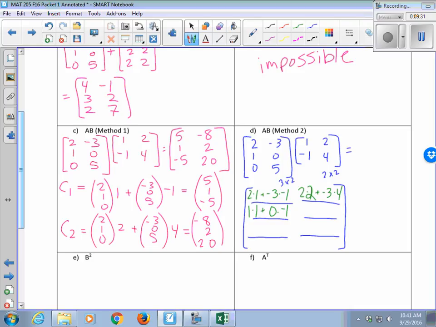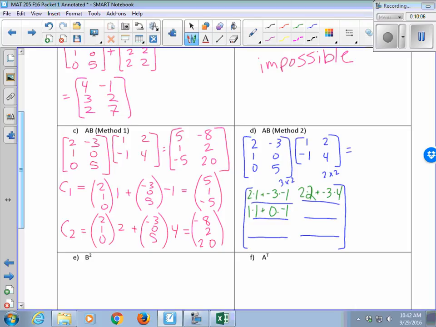Yeah, so you're always going to be multiplying rows of matrix A times columns of matrix B. Row times column. Just like when you're doing a matrix times a vector. Row times column. And then how do you decide which one it goes into? The row number of matrix A and the column number of matrix B. So like I just did row 2 of matrix A times column 1 of matrix B, row 2, column 1, that's where you put it in the answer.